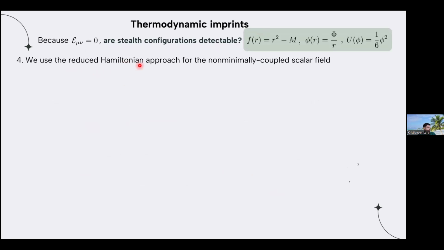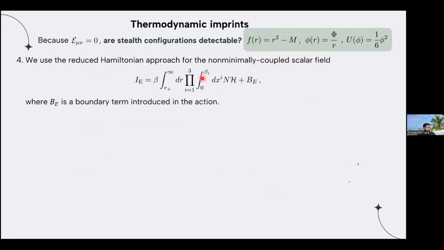So we use the reduced Hamiltonian approach for the non-minimally coupled scalar field. So the Euclidean action reads like this, where B is a boundary term introduced in the action. We know that this boundary term has to ensure that the action is differentiable, and one can arrive at the equations of motion. It's an old story.